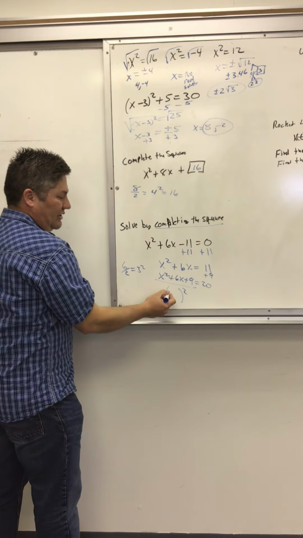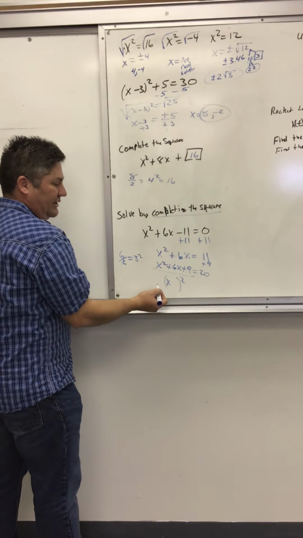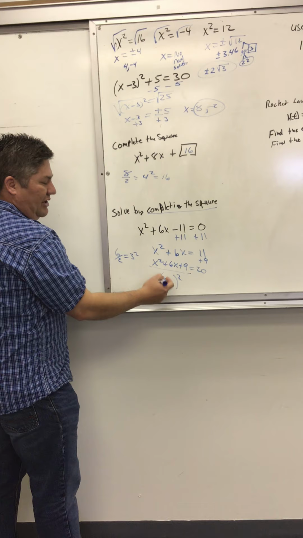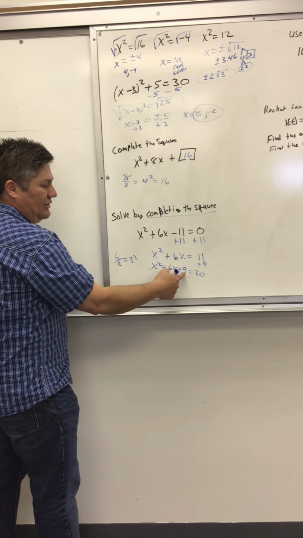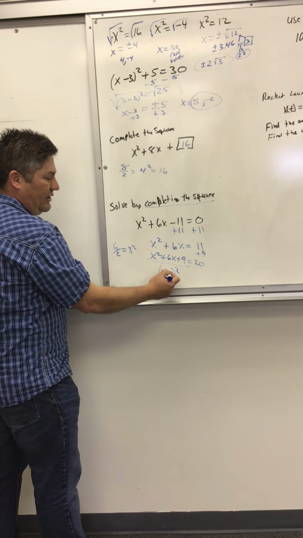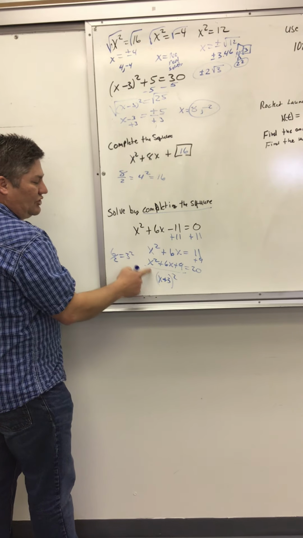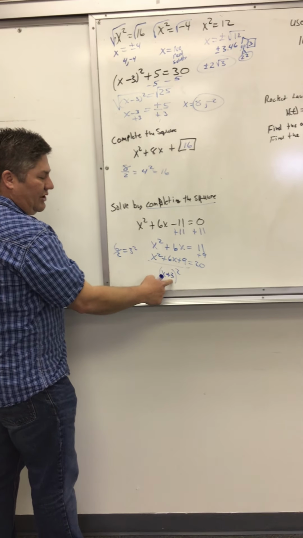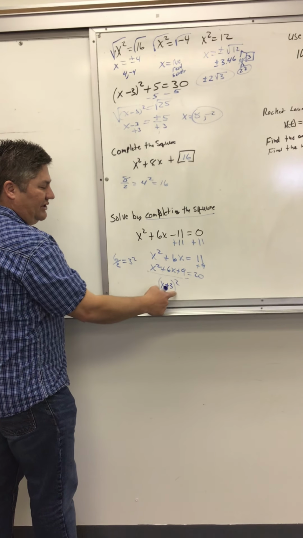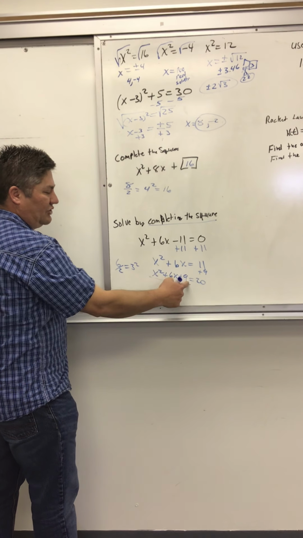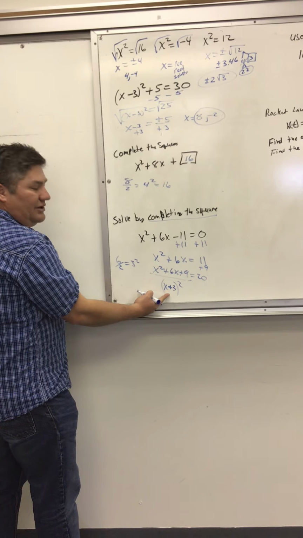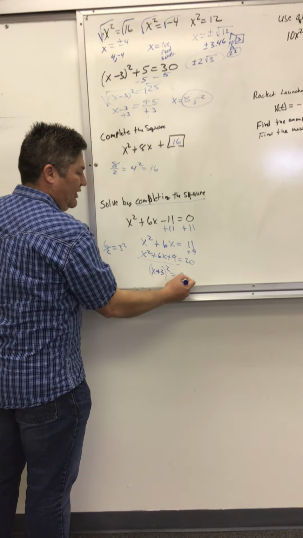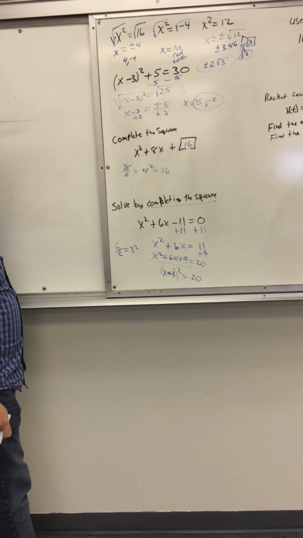To do this, I just take the square root of the first term, x, sign of the middle, plus square root of the last term, 3. Okay, again, square root, sign of the middle, square root. Put it in one set of parentheses squared, that's a perfect square trinomial, factored into a binomial square. Equals 20. That's why we complete the square, so we can get there.